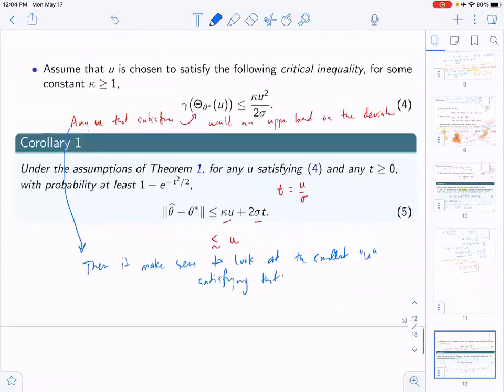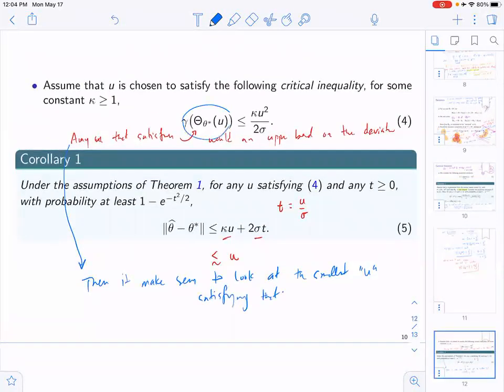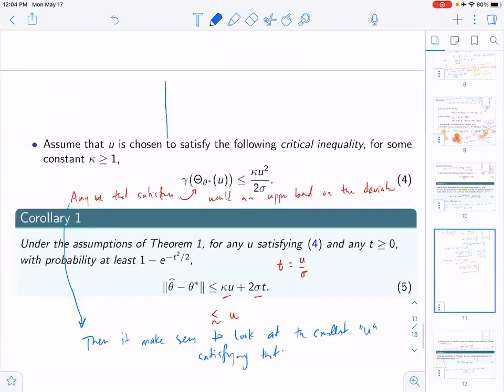So this is like kappa u squared over 2 sigma, and this is like gamma theta star u, if I'm not wrong.